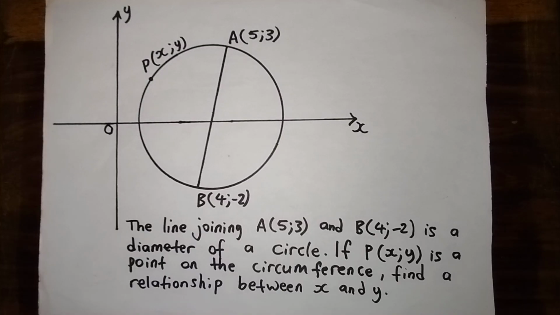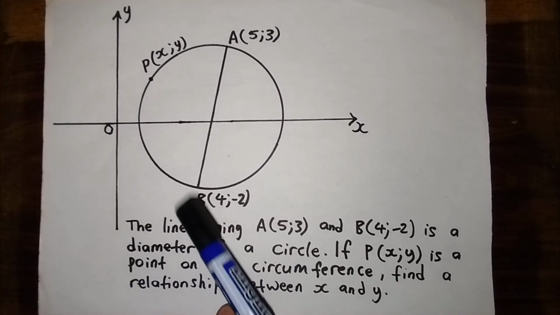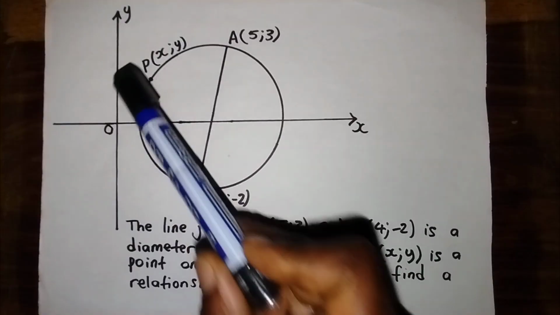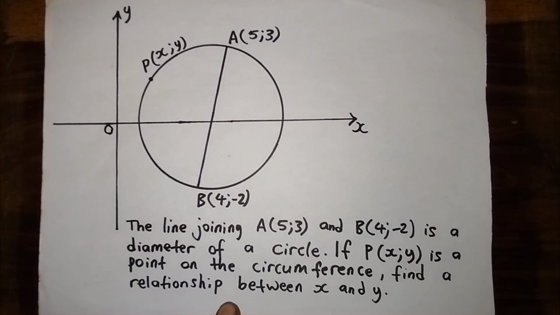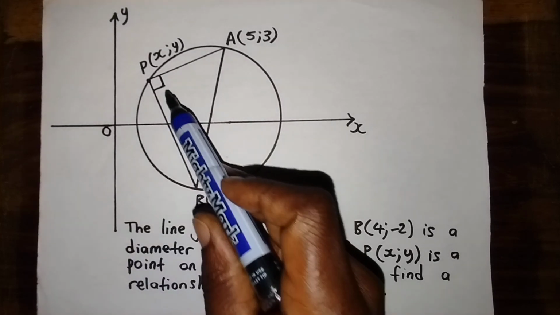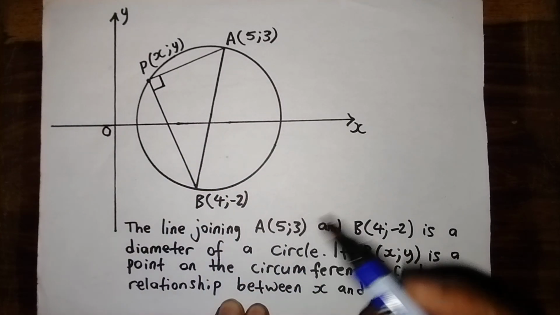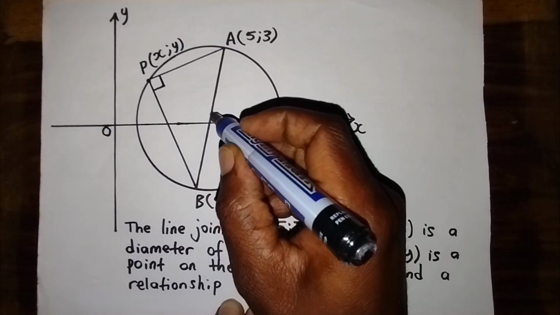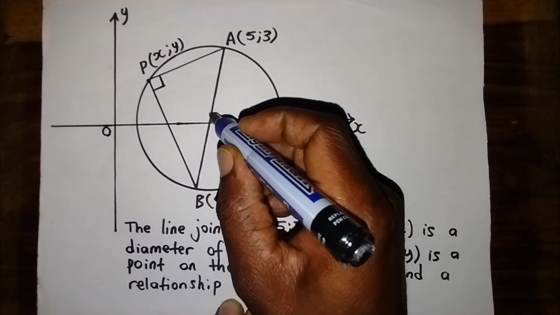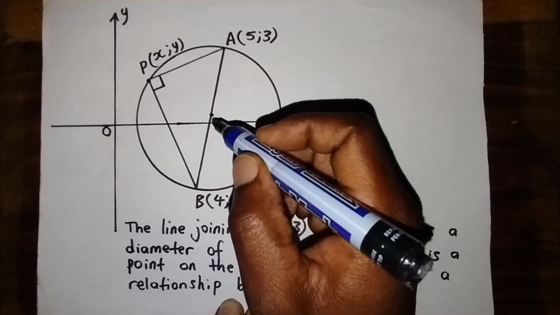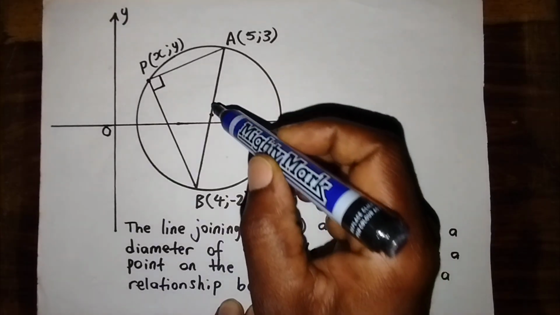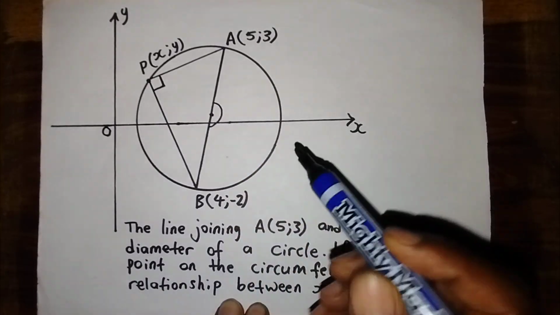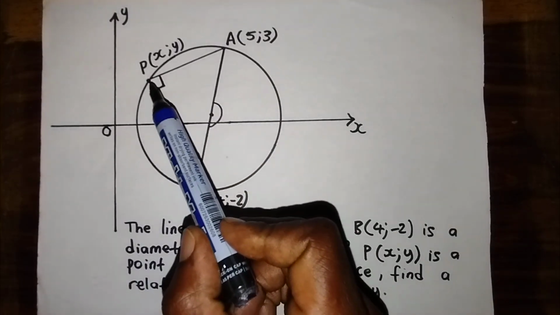So I'm going to draw the line BP and the line AP so that they will form an angle APB, which is equal to 90 degrees. Okay, so this is 90 degrees, and also this is our center here. Remember also that there's a theorem which says that an angle at the center is 2 times an angle at the circumference.